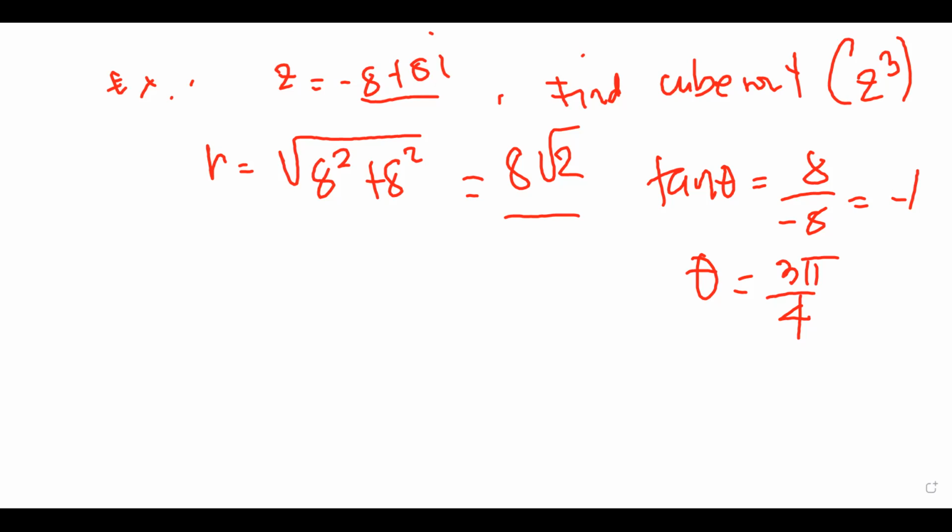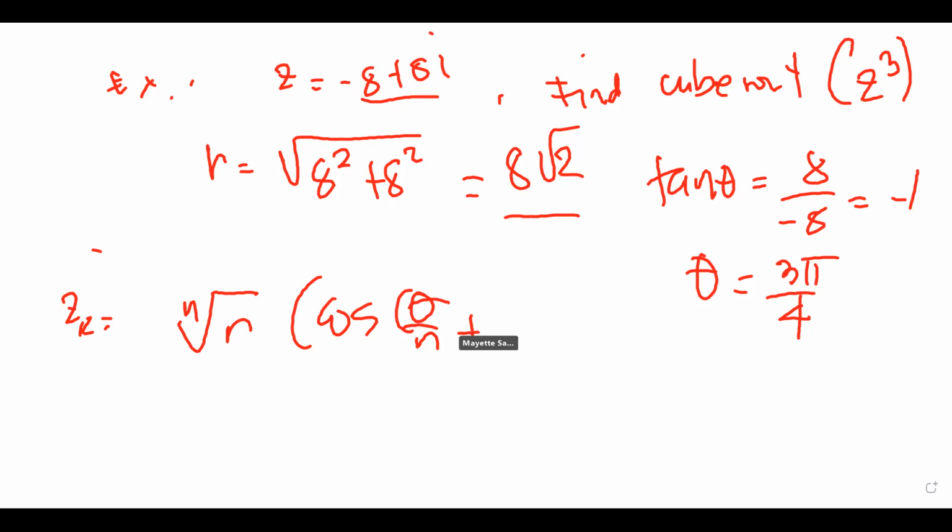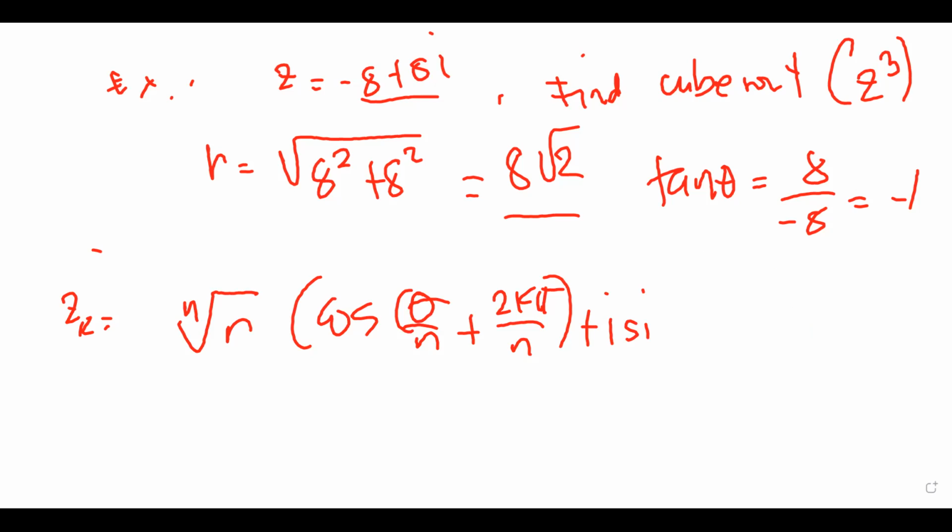Now, to find the root, we know that z sub k, the root of the number, is equal to the nth root of r times cosine of theta over n plus 2k pi over n, plus i sine of theta over n plus 2k pi over n. Just remember that theta is 3 pi over 4.